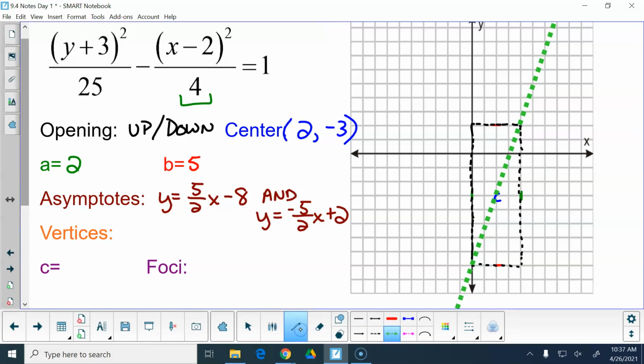Okay. It's nice when the corners of your box are on the y-axis, because then you can go directly to y equals mx plus b. If not, then we got to utilize the point slope form. Okay. Love it.